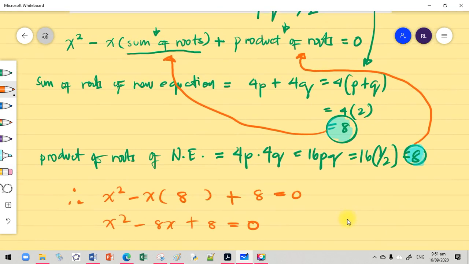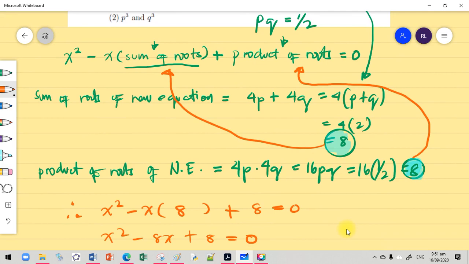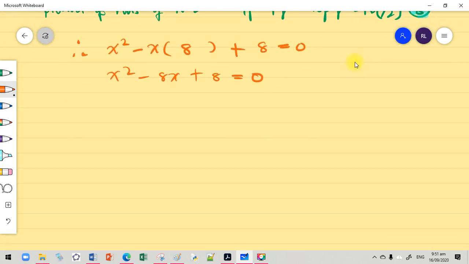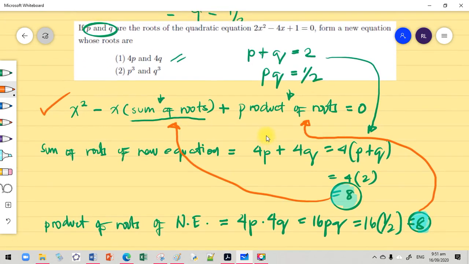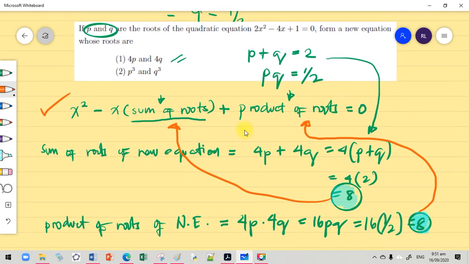Okay, that's pretty easy. So number 2 is the same. In number 2, again, we're just using the same principle, the same guide here. We need to get the sum of p cube and q cube. It's like saying that the roots of the new equation are cubes of the roots of the given equation, because p and q are the roots of 2x squared minus 4x plus 1.